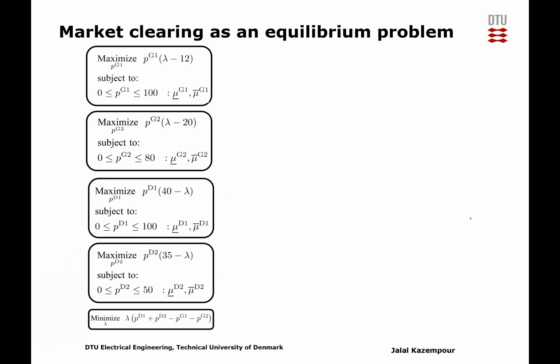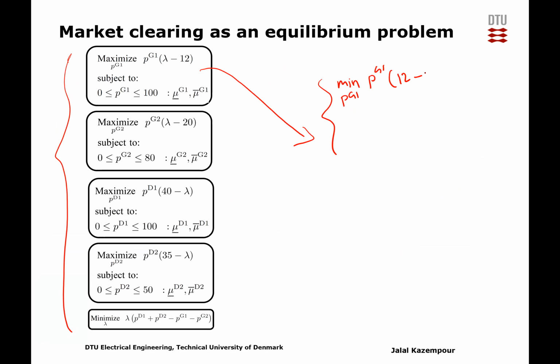Good. Let's check it out. This is our equilibrium problem, right, with 5 players. Let's derive the KKTs. Let's start with this one. Is it in the canonical form? Is it in the standard form? Is this an optimization? No. Okay. So we first write it in the standard form: minimization over PG1 of 12 minus lambda.